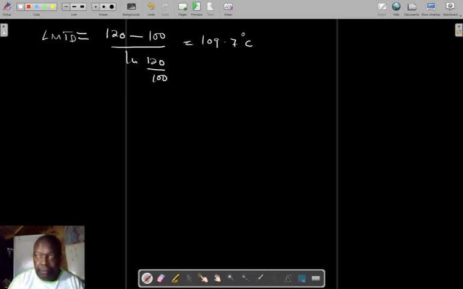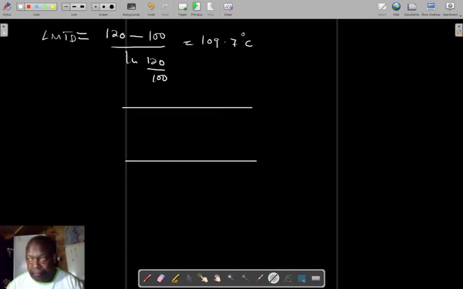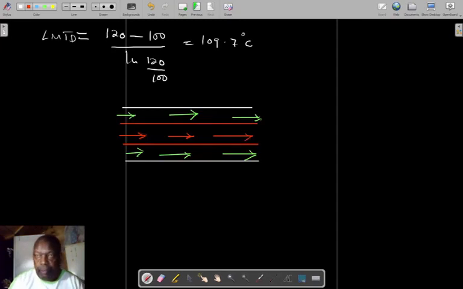Let us have a look at a case whereby now the flow is parallel again. So again we have 200, 130, and then we have 30 and 80 degrees there.